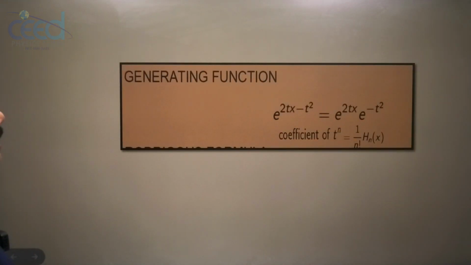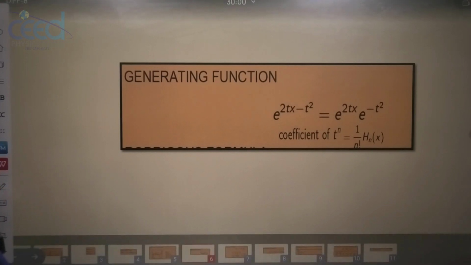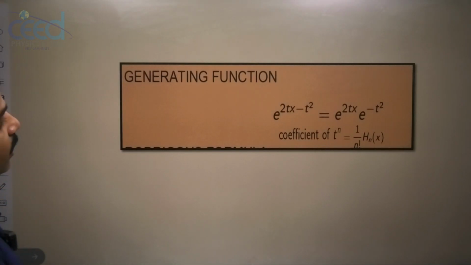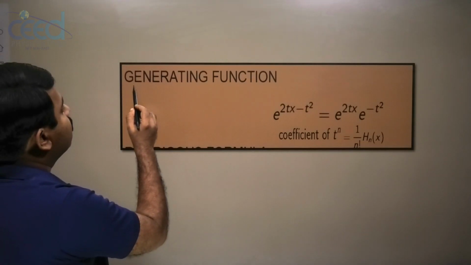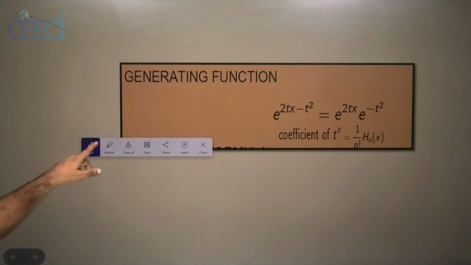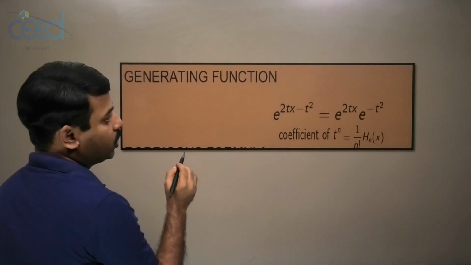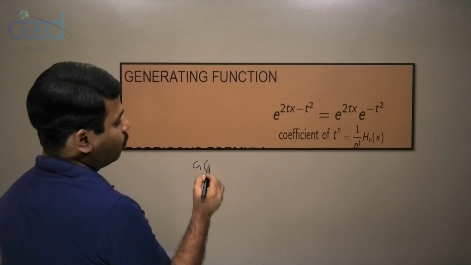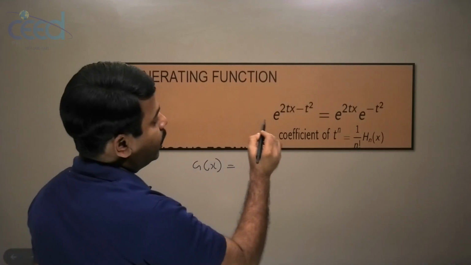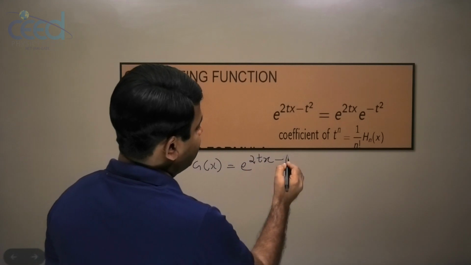Generating function. What is a generating function? Generating function means, let me take a pen. For a generating function of Hermite polynomial, you can write e raised to 2tx minus t square.